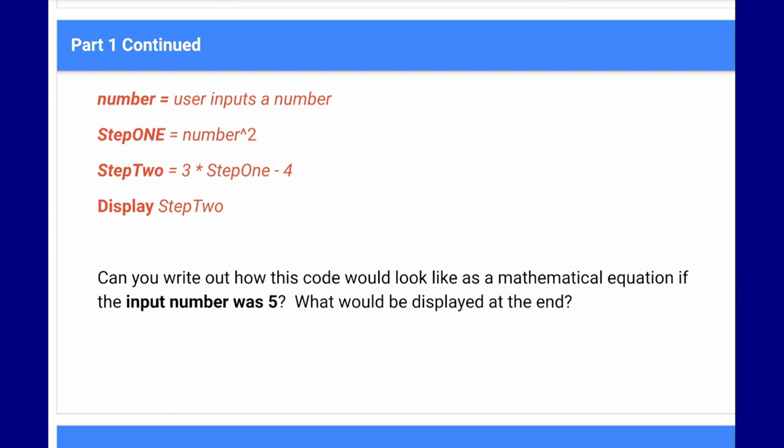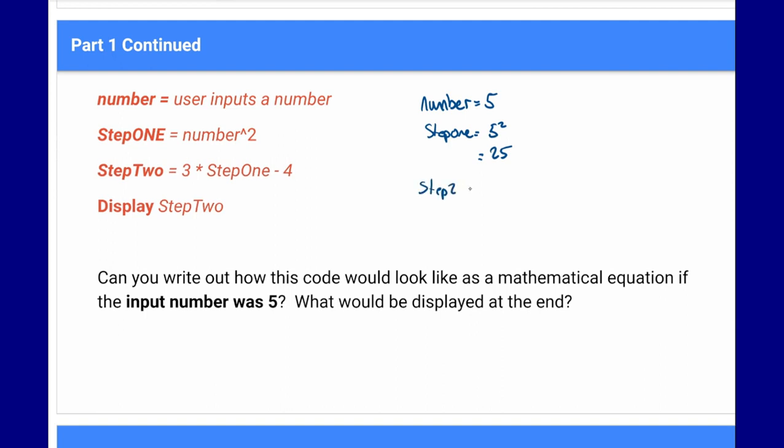So this one's a little different because we have multiple steps now. If I have a number, input number is 5. So number equals 5. Now if it was to do it step by step, then the next thing would say, okay, step 1, 5 squared, which is 25.